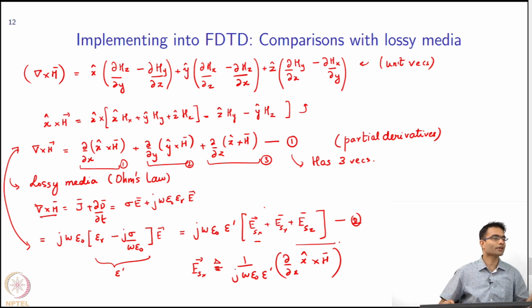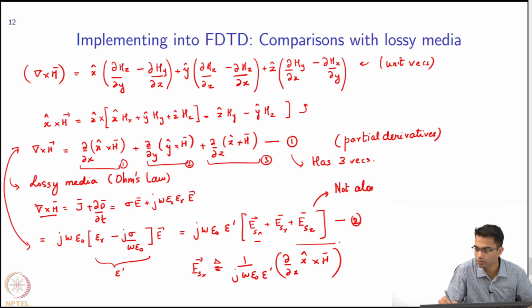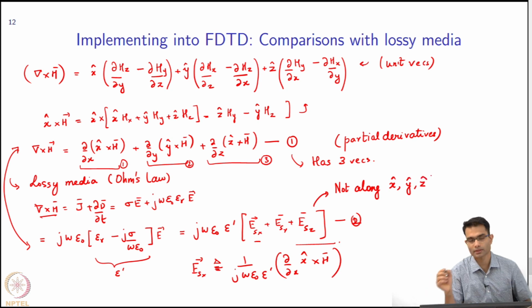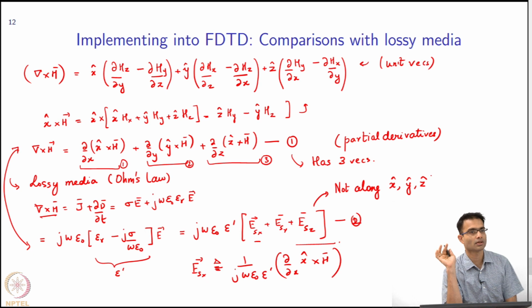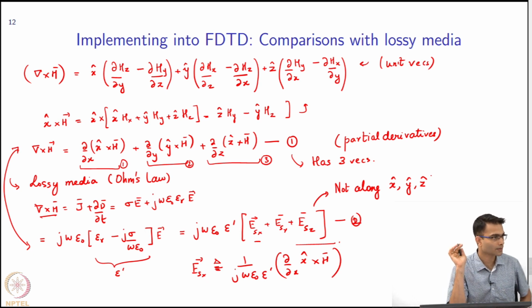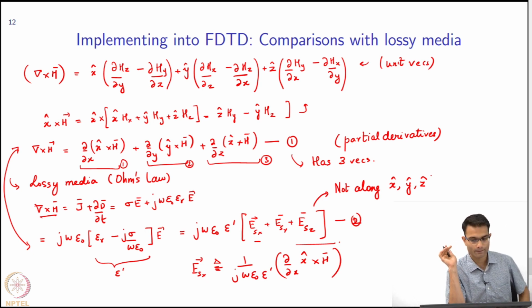What are those 3 arbitrary directions? They are given by the unit vectors x hat cross h, y hat cross h, z hat cross H. I can decompose a vector into any 3 orthogonal directions as I want. So these are not along x hat, y hat, z hat, but 3 arbitrary directions which are defined as x hat cross h, y hat cross h, z hat cross H. Okay.